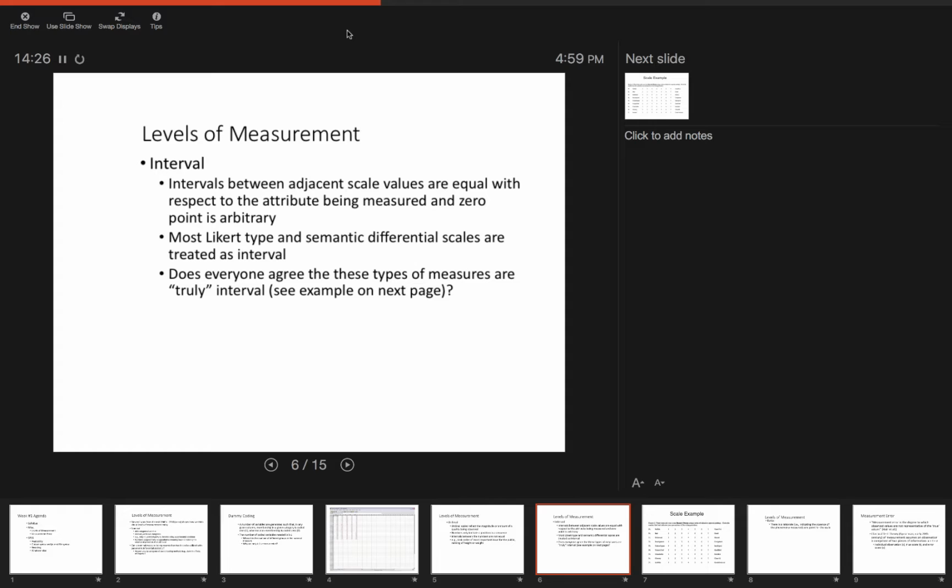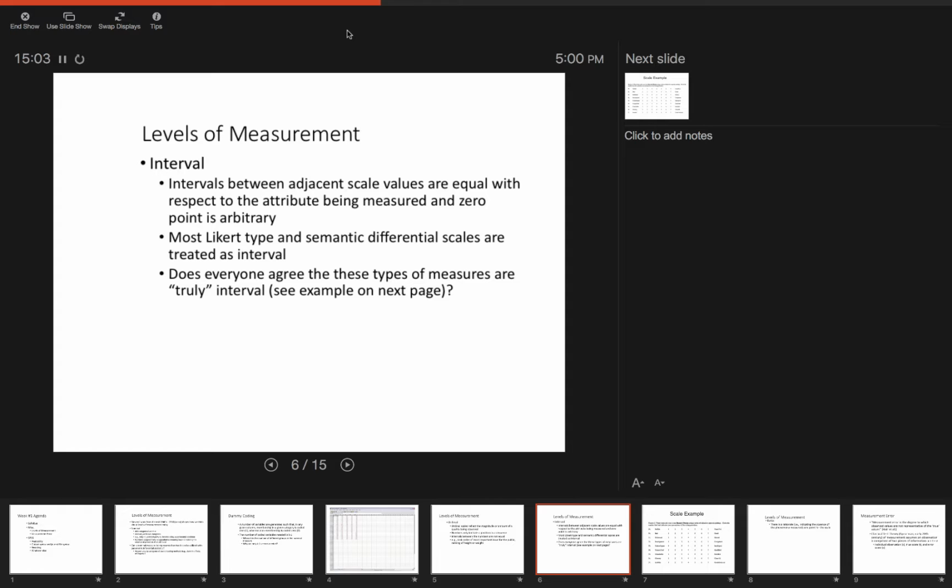They use that kind of scale, but then they treat it as if it were an interval level measure. They use statistics where the assumption is that it is interval level data. And so that's a violation of that assumption. If the assumption is that for regression your dependent variable is interval or ratio, and we're using something that isn't, then we violated that assumption.